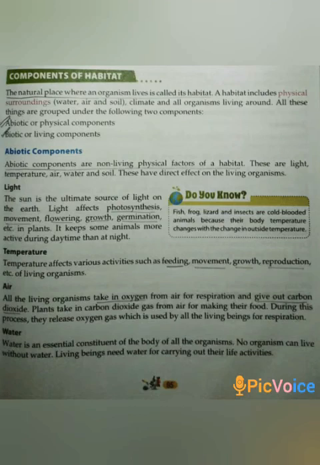Then water. Water is an essential constituent of the body of all the organisms. No organism can live without water. Living beings need water for carrying out their life activities.